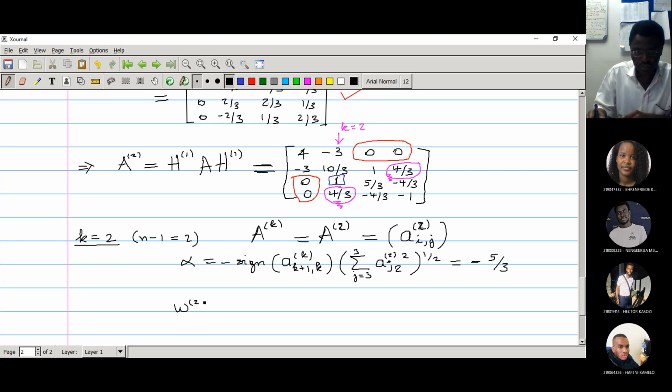W, which is W2. Remember, we zero all the entries up to K. K is 2. This is 1, and this is 2. So all the W up to K, which is 2, so 1, 2 is 0. Now the remaining ones are the ones that we compute. So we have already 0, 0 there.